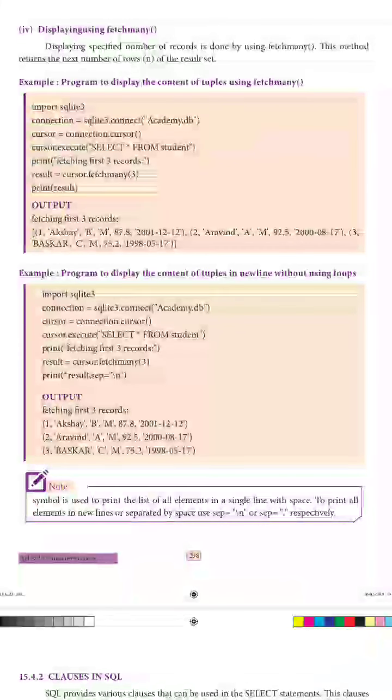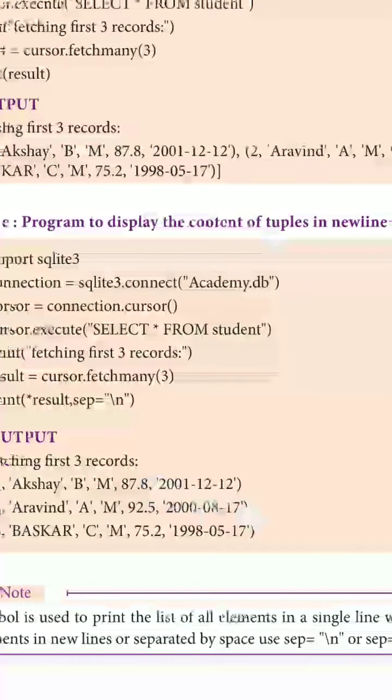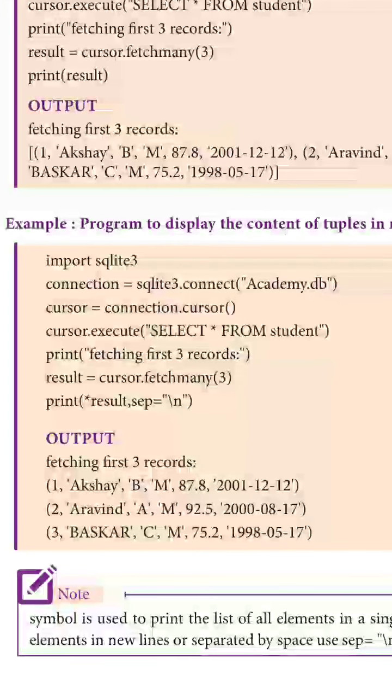And now a program to display the content of a tuple in a new line without using a loop. Here you can see that they are displaying the result of the SQL command select star from student by using fetch many, without using a loop.